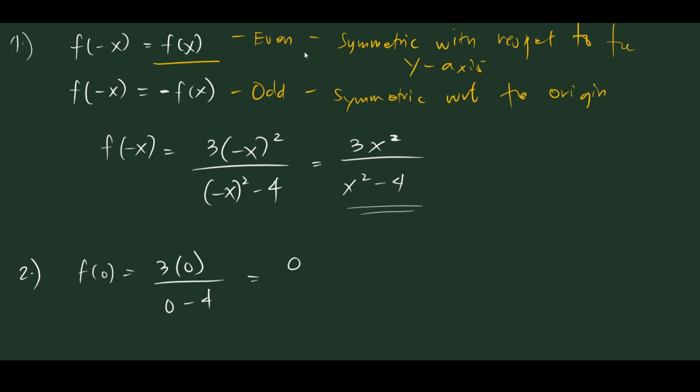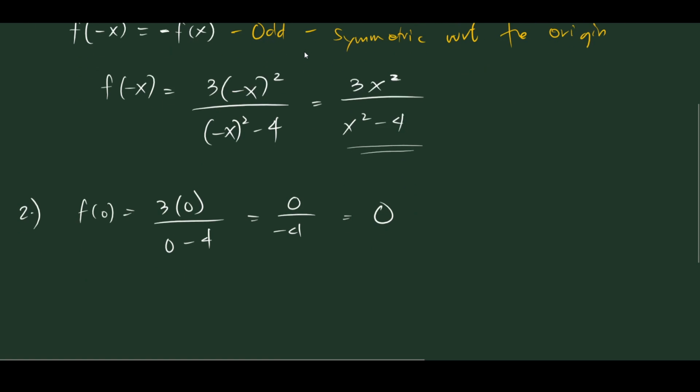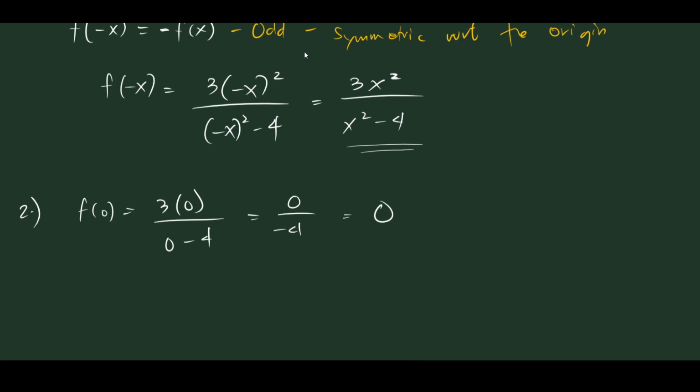Okay, so what do we get? 0 over negative 4. Therefore, this is 0. Therefore, we have a y-intercept at the origin, at 0, 0.